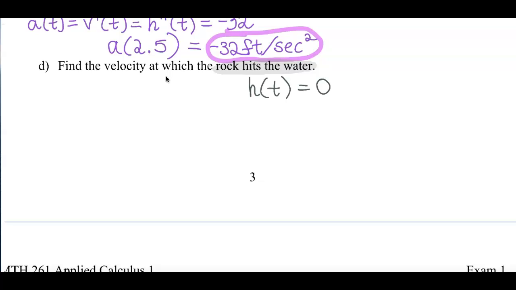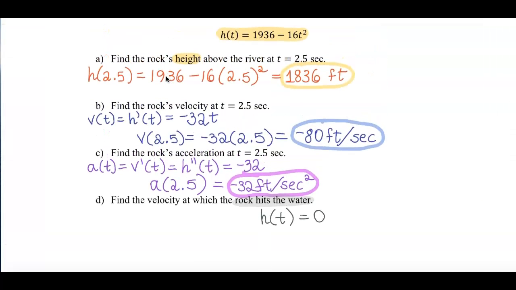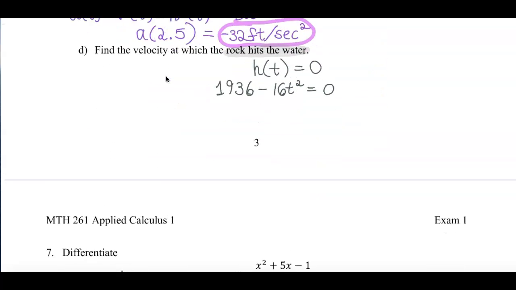The height from the water to the rock. Like here's my water and here's my rock. They need to touch, so the height is 0. Make sense? So let me go ahead and set the height function from above equal to 0: 1936 minus 16t squared equals 0. I'm going to solve this equation.